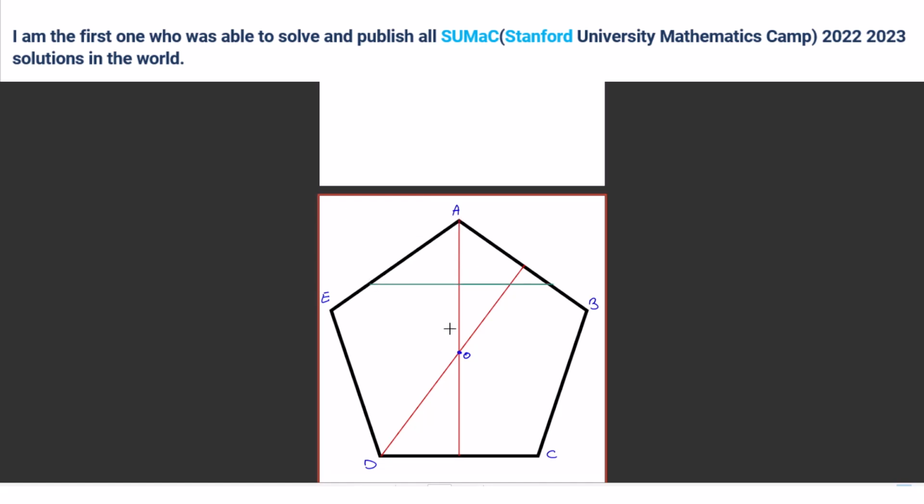Do you agree when you hold A to O, then we have this line as one edge of the regular pentagon? Okay, so if we connect all points to this O like this, let me erase this one, connect only A to O.